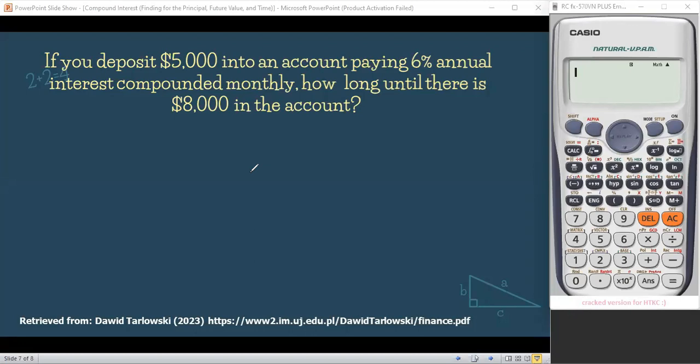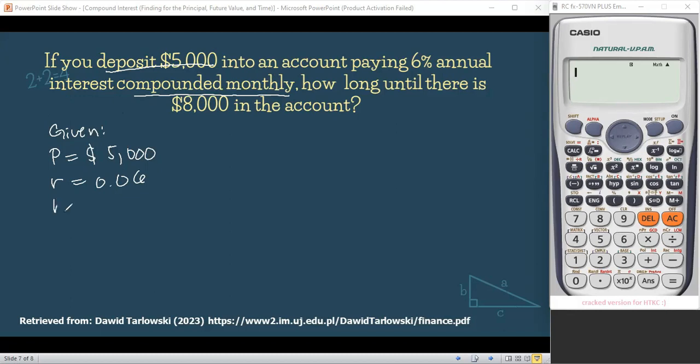So what if we have this problem? If you deposit $5,000 into an account paying 6% annual interest compounded monthly, how long until there is $8,000 in the account? So given po muna tayo. So if you deposit, so siya po yung deposit, meaning to say this is the principal. If you deposit $5,000 into an account paying 6% annually, so that is the rate 0.06, annual interest compounded monthly.